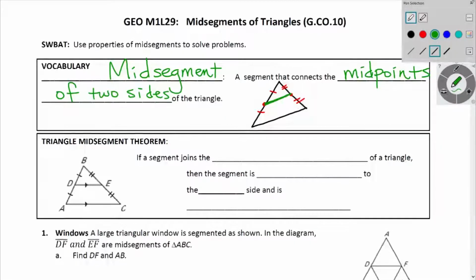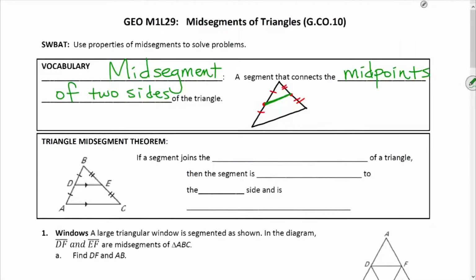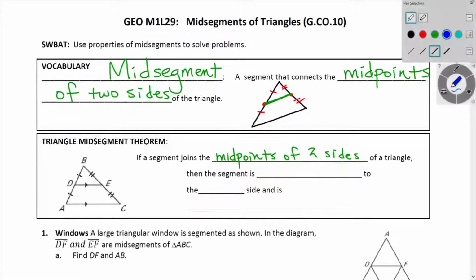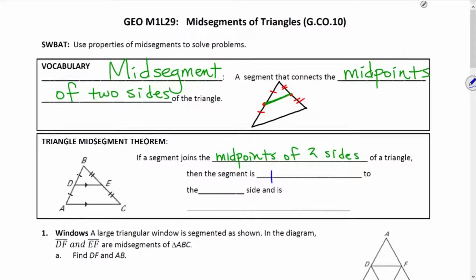The triangle midsegment theorem says if a segment joins the midpoints of two sides of a triangle, basically meaning it's a midsegment, then the segment is parallel to the third side, meaning this is parallel to this side, and is half the length of the third side.